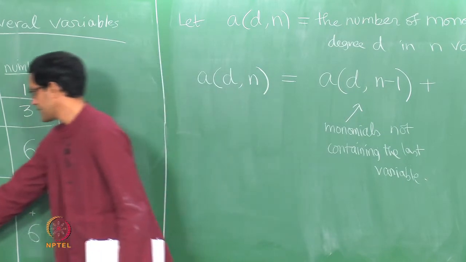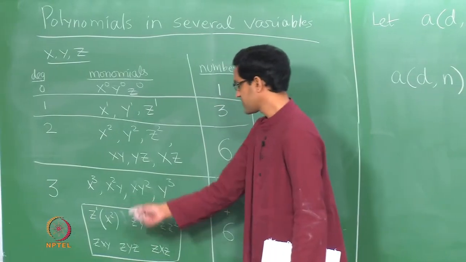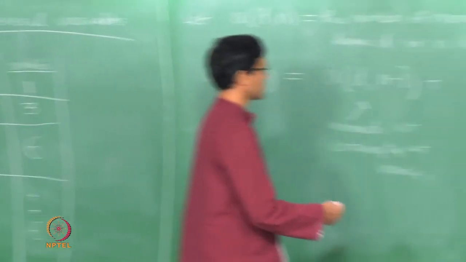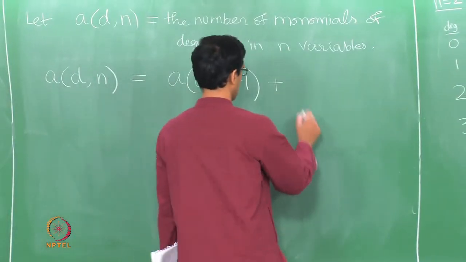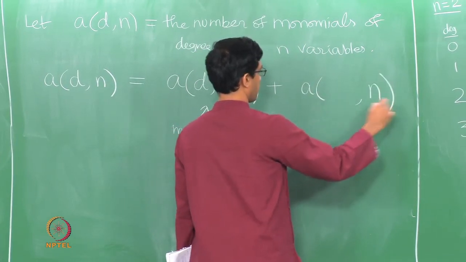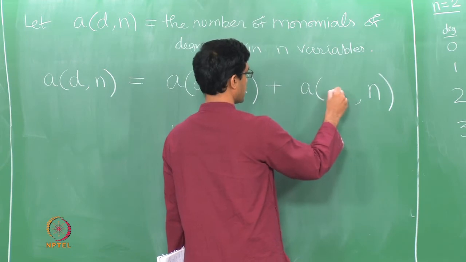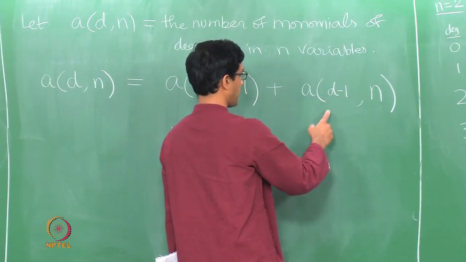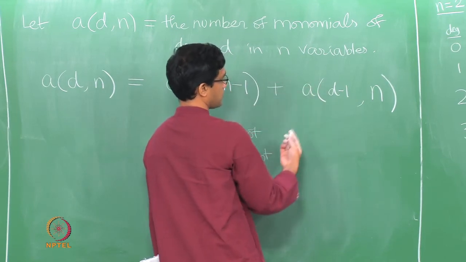So just what we did here, you pull out the z and what is left is again something in n variables which has one smaller degree. Okay. So plus the number of monomials of degree d minus 1 in n variables, take every one of them and hit it by z where z is the name of the last variable.